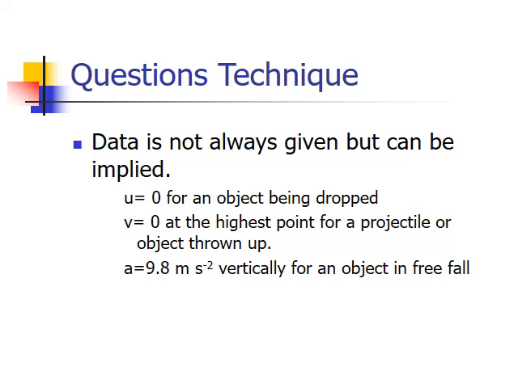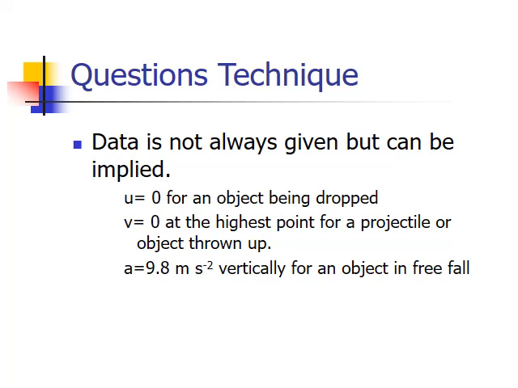Data is not always given, but can be implied. So if you're dropping an object, the initial velocity is going to be 0 because it's dropped. Whereas if it's thrown, it won't have a 0 initial velocity. If its final velocity is going to be stationary or at rest, then final velocity could be 0.